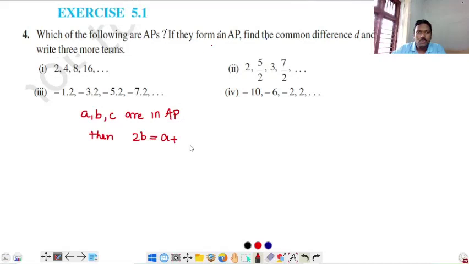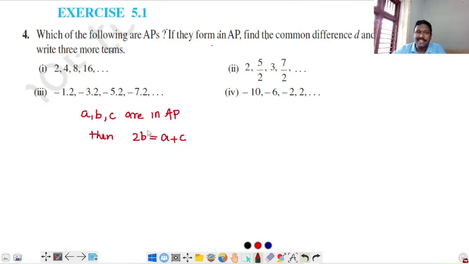Two times the middle term will be the sum of the other two terms. If you take three terms of the AP, a, b, c, then 2b is equal to a plus c.